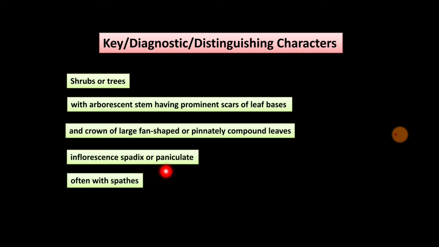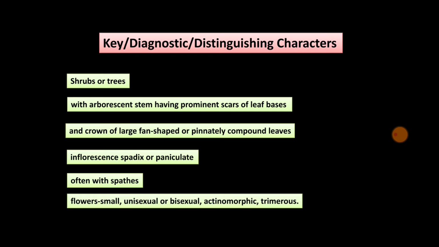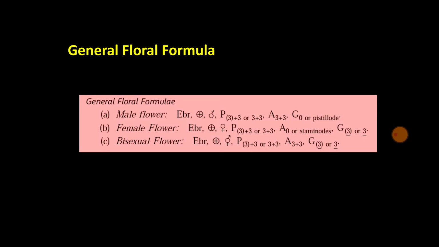Spathe means leaf like bracts are present in this. So we have seen this in our previous video of Araceae part 1. Flowers small, unisexual or bisexual, actinomorphic and trimerous. So you can watch my Araceae part 1 video for the details of these characters.